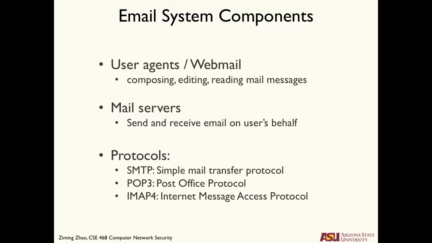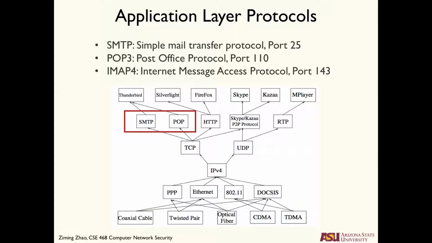First, there is the SMTP protocol, Simple Mail Transfer Protocol, and the POP3, called the Post Office Protocol, and the IMAP, Internet Message Access Protocol. All these three protocols are application layer protocols. SMTP, usually the server will use port number 25, and the POP3 will use port number 110, and the IMAP will use port number 143.